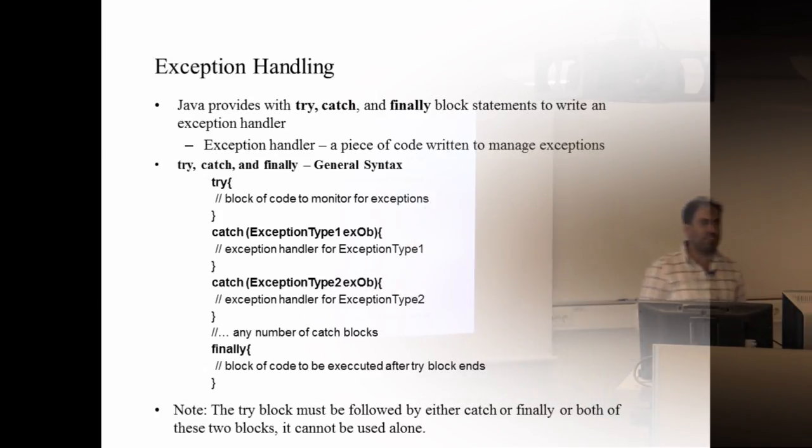The try must always be used either with at least one catch, or more than one catch statements, or there must be at least one finally block. And you cannot use catch or finally without using the try block. So there must be an association between them.